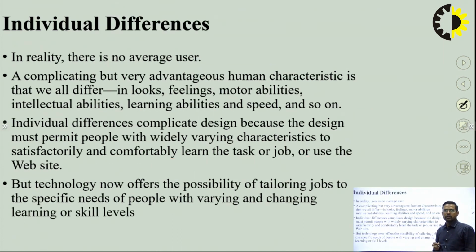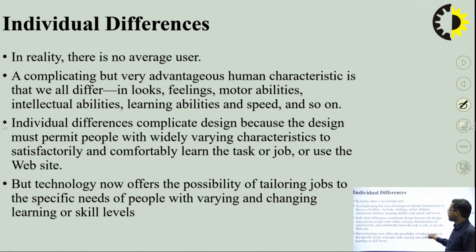Individual differences: in real life there is no average user. Someone has good characteristics in one thing, and someone has good characteristics in another. Complicated but very advantageous human characteristics are that we all differ in looks, feelings, motor abilities, intellectual ability, learning abilities, speed, and so on.